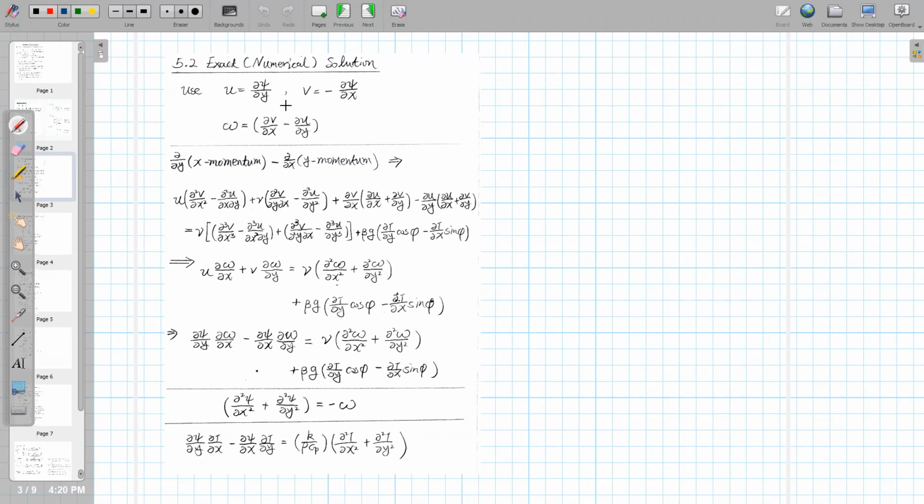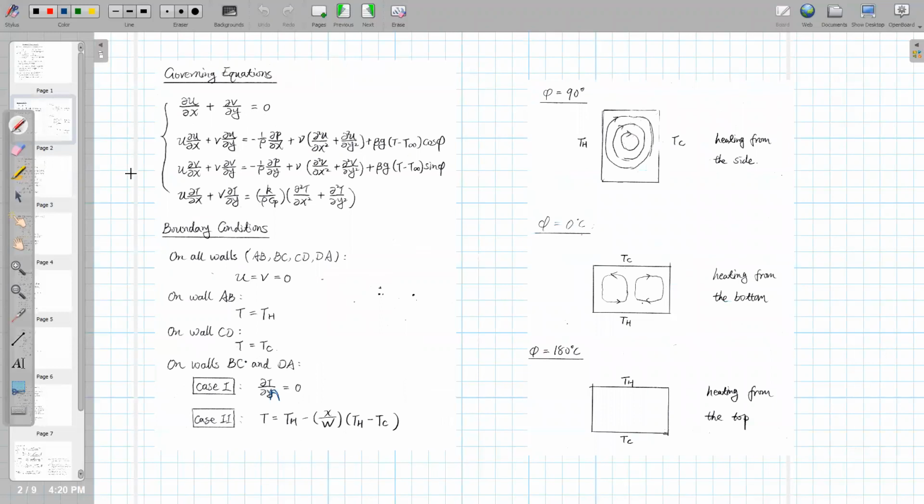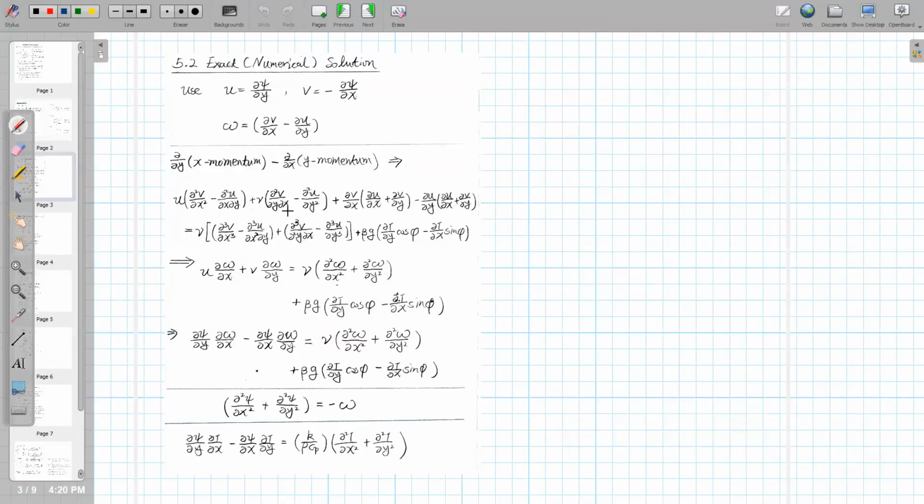The reason we introduce the stream function is that after we use it to replace the velocity terms u and v, the continuity equation will be automatically satisfied. What does that mean? Instead of solving these 4 equations, you only need to solve 3 equations, because one of them will automatically be satisfied.